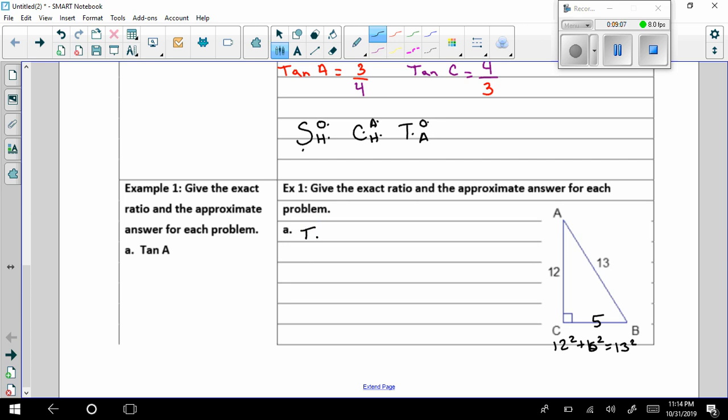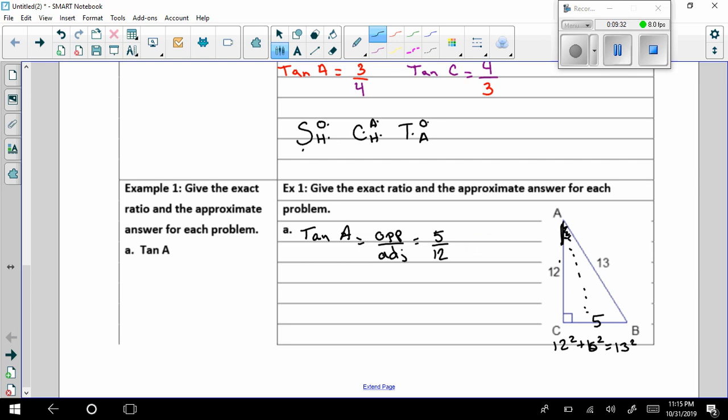And this one's asking for the tangent of angle A. Well, tangent of angle A is opposite over adjacent. Angle A is our angle of interest. Opposite to angle A is 5. Adjacent to angle A is 12.